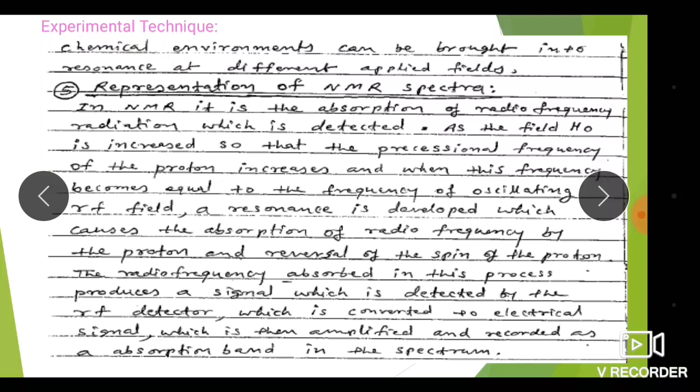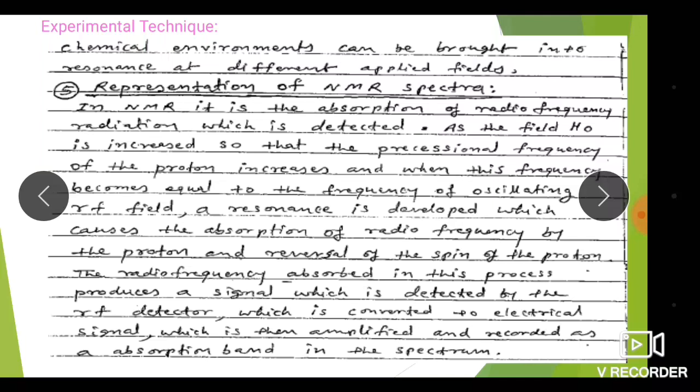When the precessional frequency of the proton, that is the circular movement of the proton, is equal to the RF frequency, a resonance is developed, which causes the absorption of radio frequency by the proton.